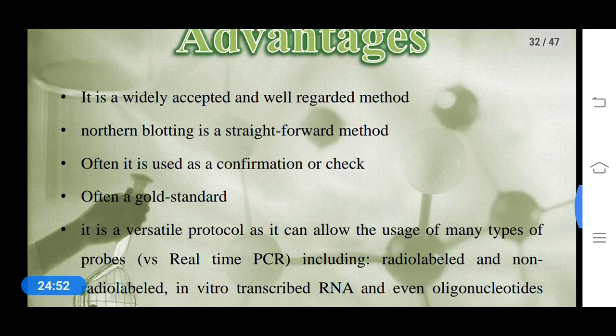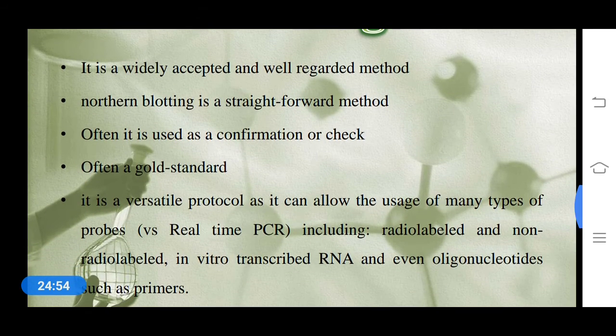Now let's see the advantages. Northern blotting is a widely accepted and well regarded method, and it is a straightforward method. Often it is used for checking or confirmation purposes.